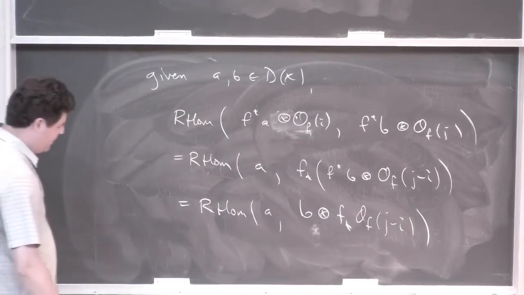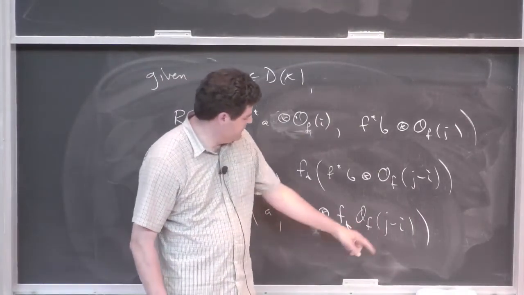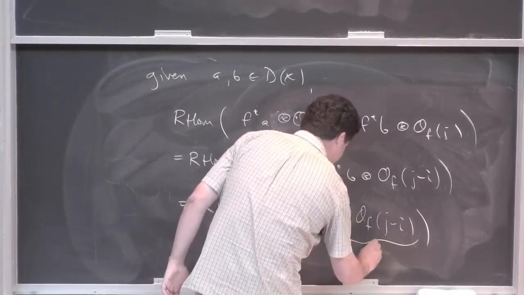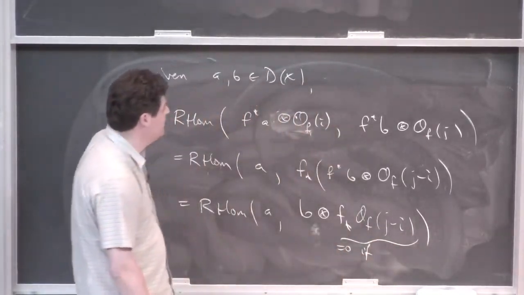So now I'm taking cohomology along the fibers, and this is 0 under the same condition.